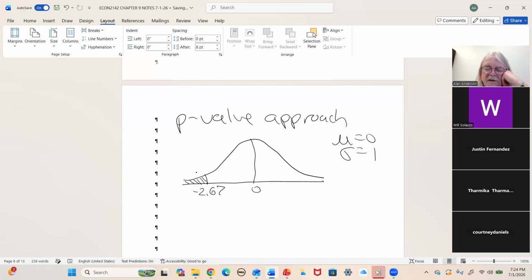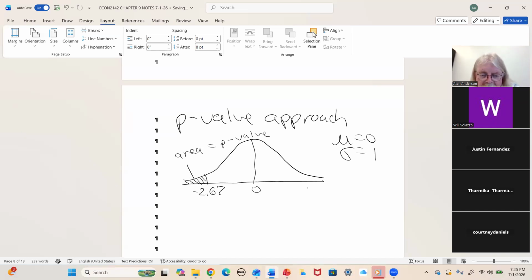So the p-value is basically anything that's more extreme than the test statistic, which means the area under this curve is the p-value. It essentially refers to the probability of being that far out in the left tail when the null hypothesis is true.